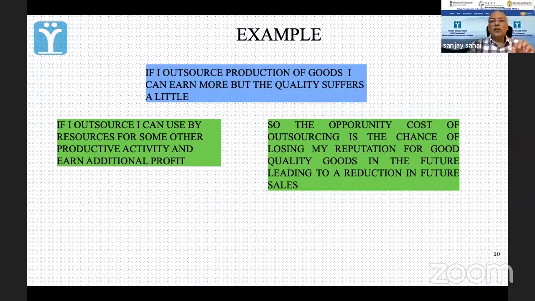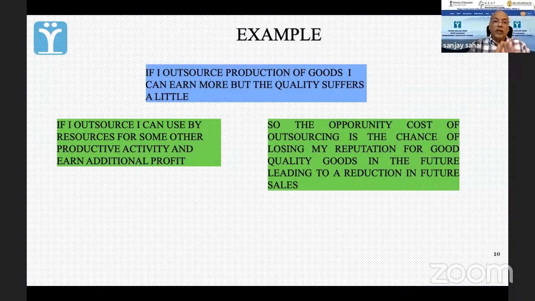But if in the process of outsourcing the production, you actually end up getting goods which have a lower quality, then you have a problem. So the opportunity cost is that if you outsource, there is a chance of losing the reputation for good quality goods in the future, leading to a reduction in future sales.